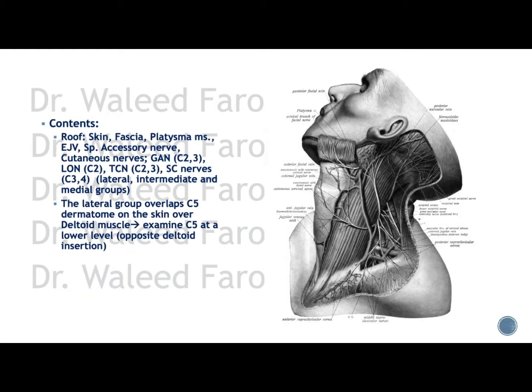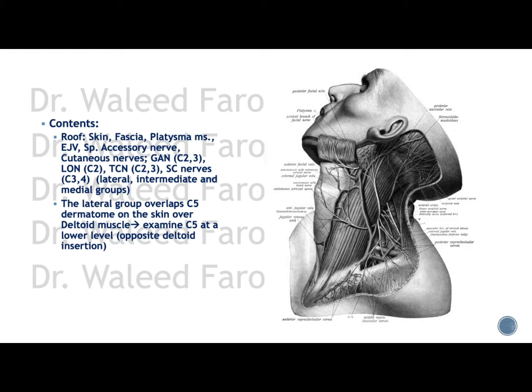Now, for the contents of the triangle, we have the roof, which is skin, fascia, superficial fascia, with the platysma in it. Now, in this specimen, it's removed. What else do we have? We have cutaneous nerves. See that? Cutaneous nerves reaching the skin to bring sensory information. What else?